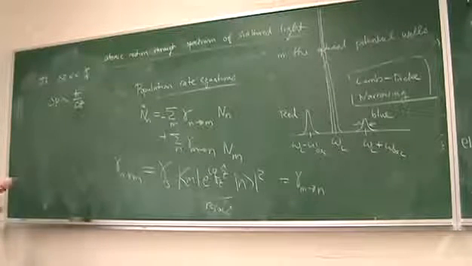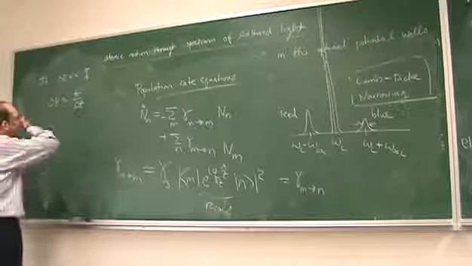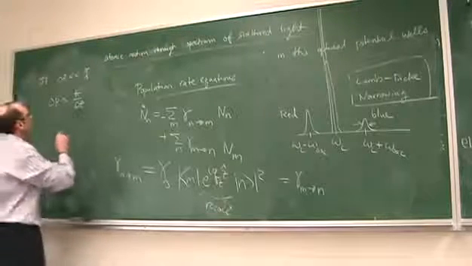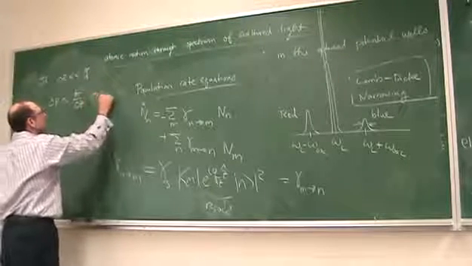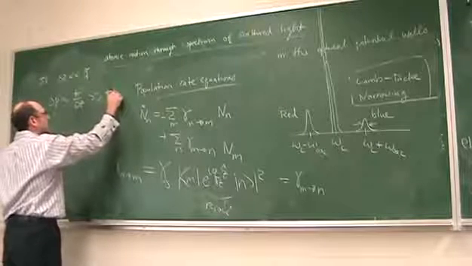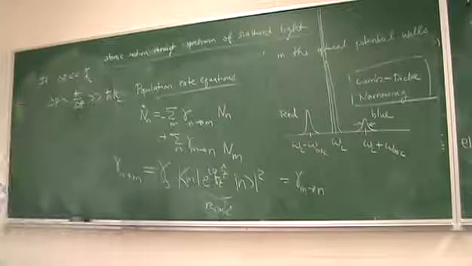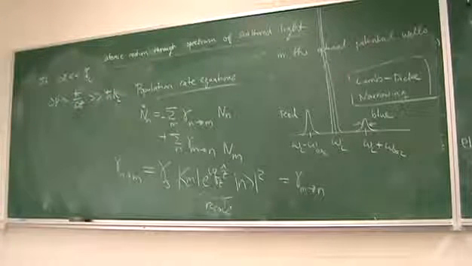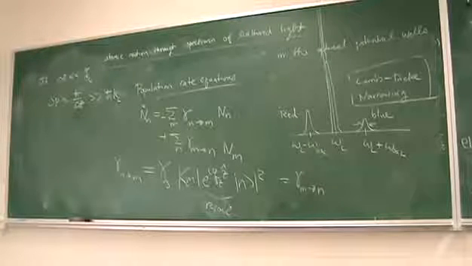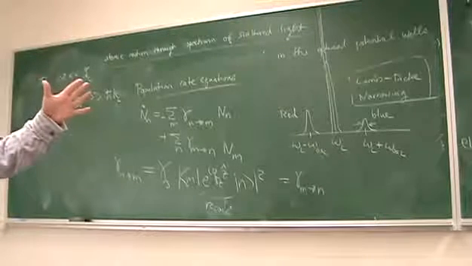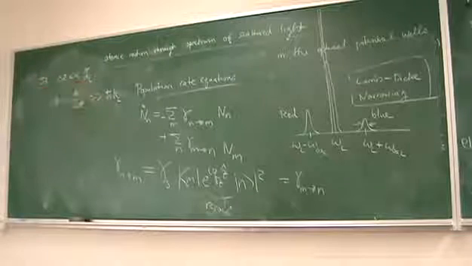And that spread of momentum is much, much bigger than h bar k. Let's call this the laser wavelength. So if I'm localized to a region that's small compared to the wavelength, then my spread in momentum is big compared to that h bar k.